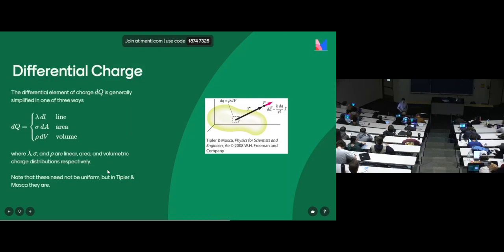The way the integral works is that we assume that dQ, the differentially small amount of charge, can be three different things. For a line distribution of charge, it is equal to lambda times a differential length. For an area, it's equal to sigma times a differential area. And for a volume, it's equal to rho times a differential volume.